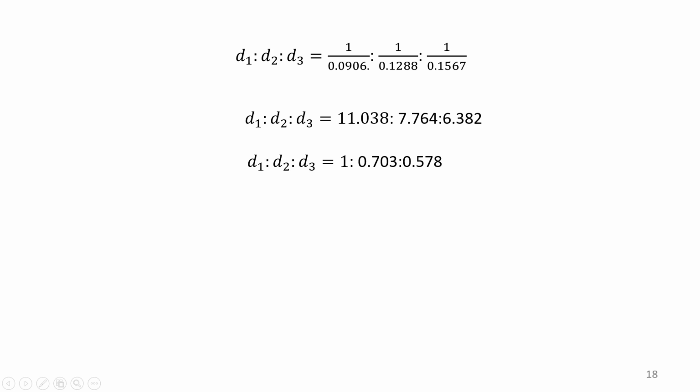By dividing 11.038 into these remaining values, we get d1 : d2 : d3 is equal to 1 : 0.703 : 0.578. Now we can write this in this way also: d1 : d2 : d3 is equal to 1 : 1 divided by root 2 : 1 divided by root 3.